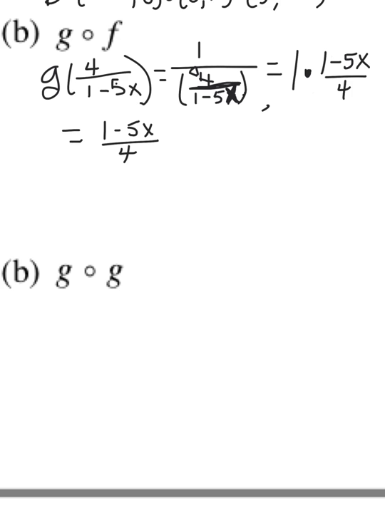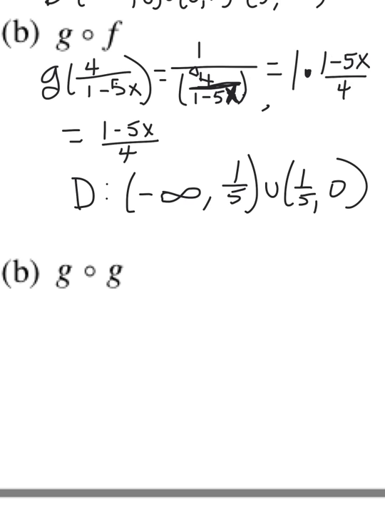So in my domain, I'm going to show that x cannot be 1/5, but for this part of my function, x can be all real numbers. So this is how my domain is going to look now. Okay, so for this combination, my domain is going to be negative infinity to 1/5 or 1/5 to infinity.